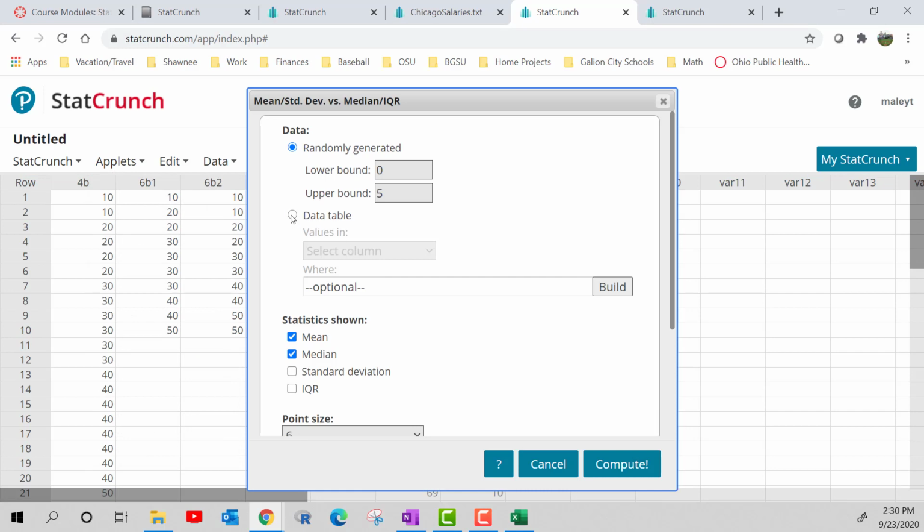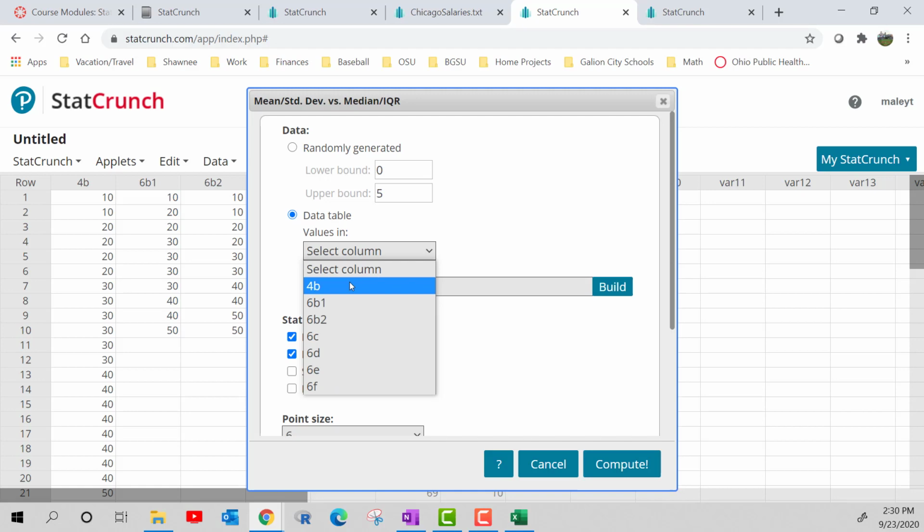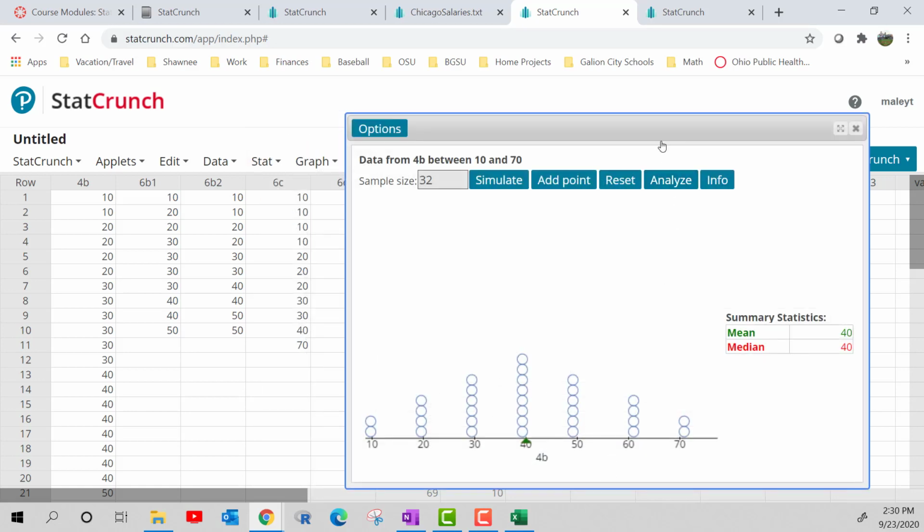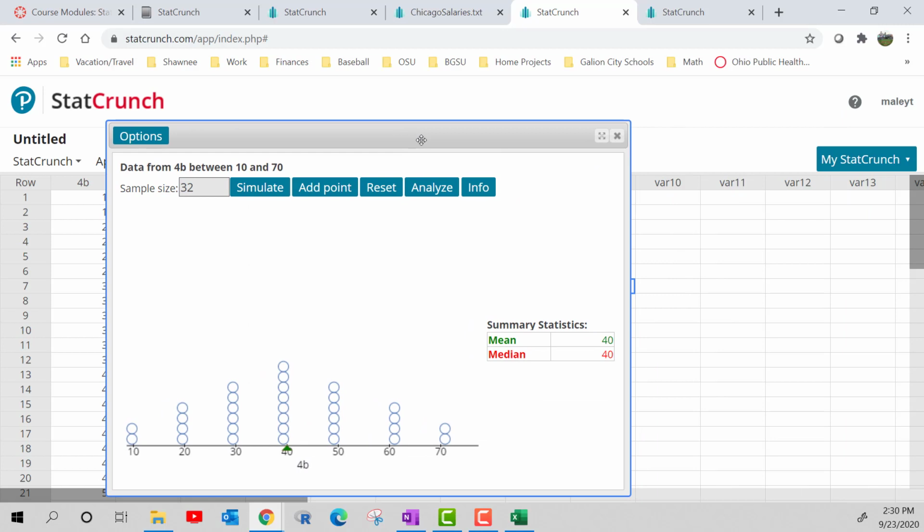And what I can do now is click data table, and I'm using the column 4B, and now I can hit compute, and it's just going to pull in those numbers that I already had listed, right?